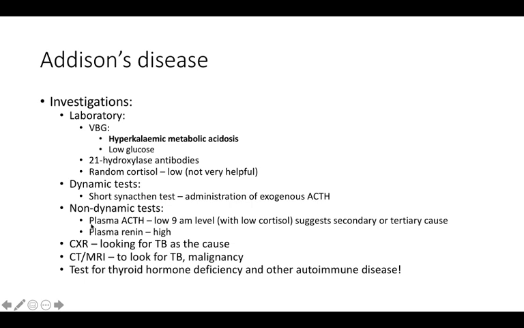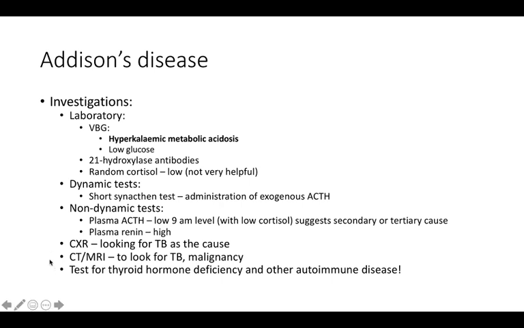Non-dynamic tests include plasma ACTH, so low levels, also accompanied by a low cortisol level, suggest secondary or tertiary causes, and as discussed previously, a high ACTH level suggests a primary cause of adrenal insufficiency, and plasma renin, which is also high due to a lack of aldosterone feedback.